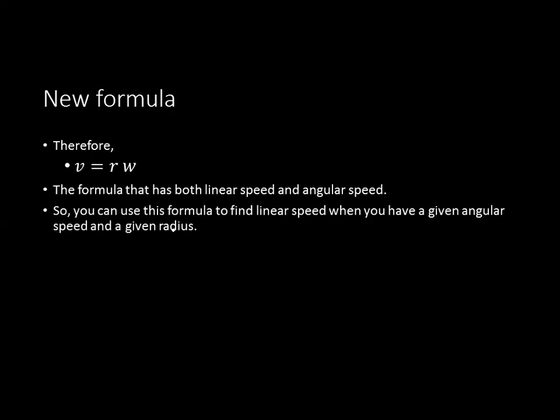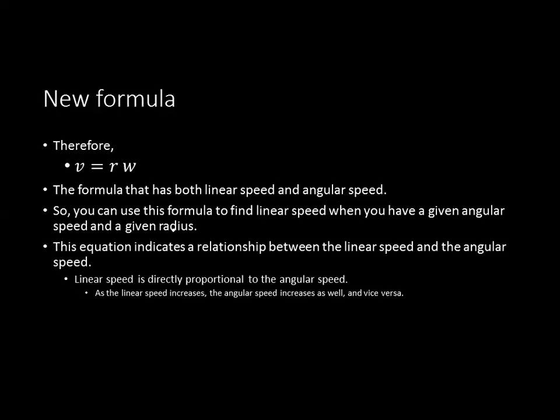In other words, you can use this formula to find the linear speed if you have a given angular speed and a given radius. Also, this equation indicates a relationship between the linear speed and angular speed. What would that be? Linear speed is directly proportional to the angular speed. It means that as the linear speed increases, the angular speed increases as well, and vice versa.